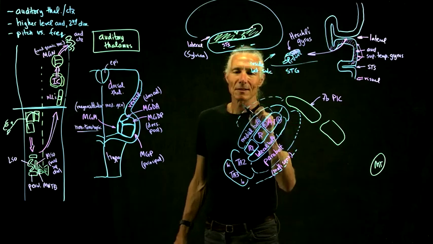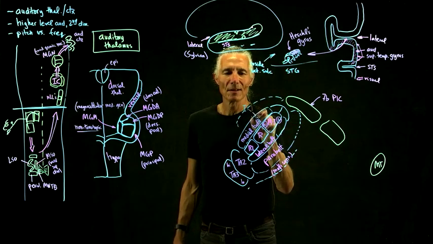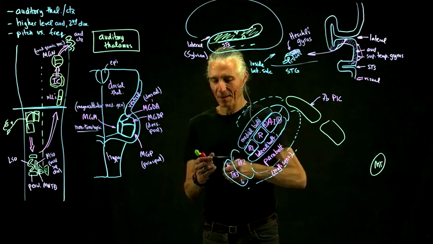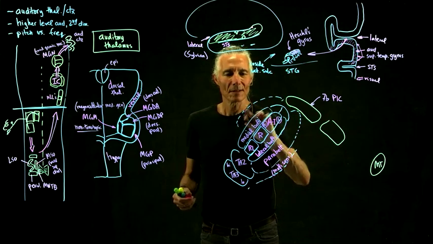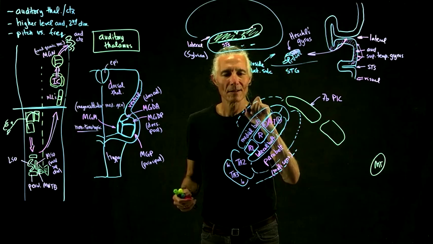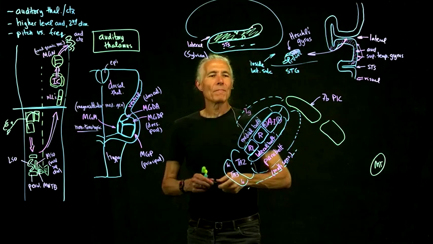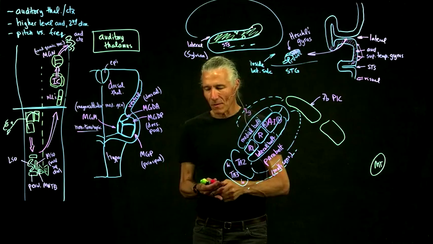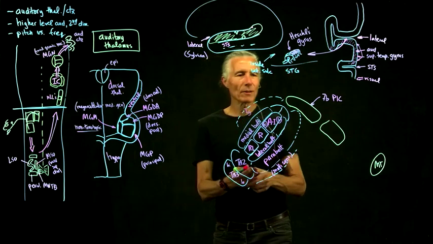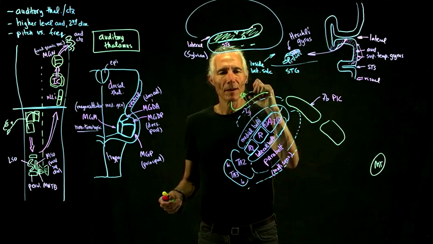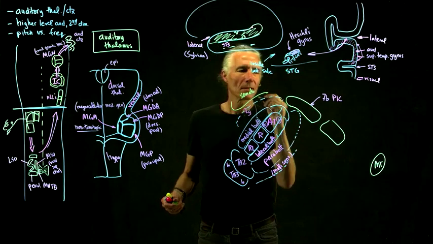There's an area called insular granular cortex, a little area in there. And then you're immediately onto somatosensory cortex. So this is somato. This one is visual.